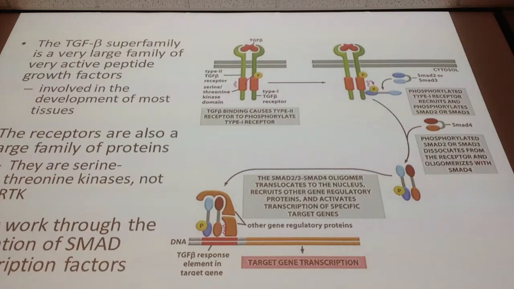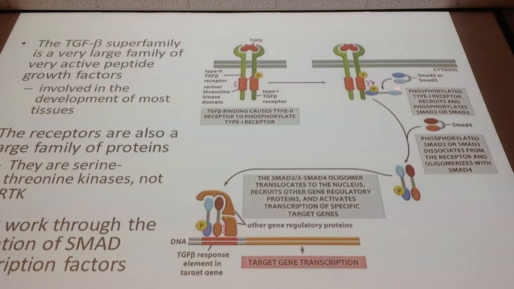Later, I'll come back and say why that's important. Then the heterodimer carries out autophosphorylation, so it phosphorylates itself. The phosphorylated receptor serine threonine kinase dimer then phosphorylates a protein called SMAD, either SMAD2 or SMAD3, in this example.